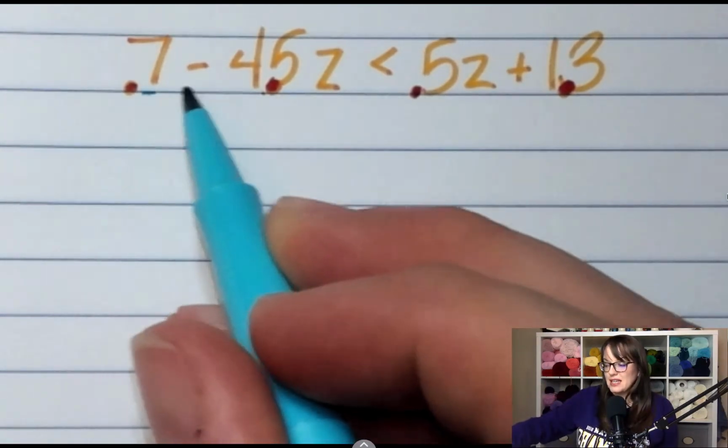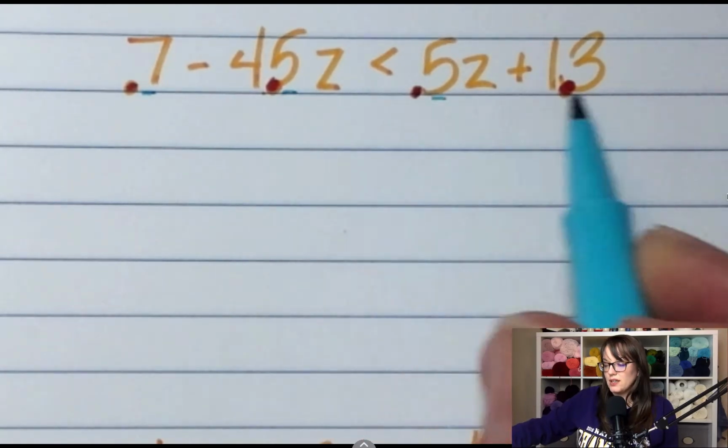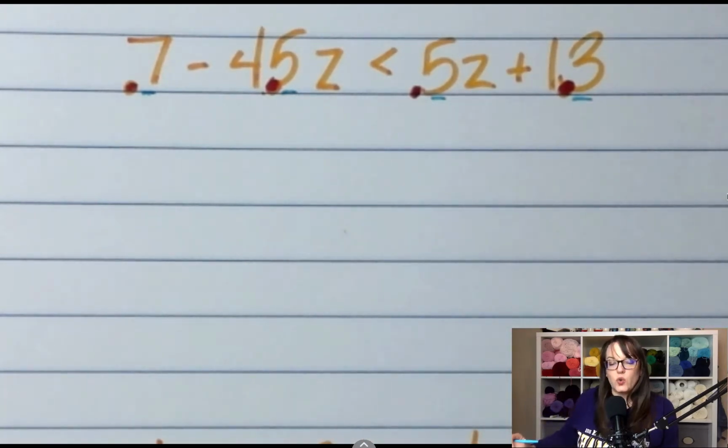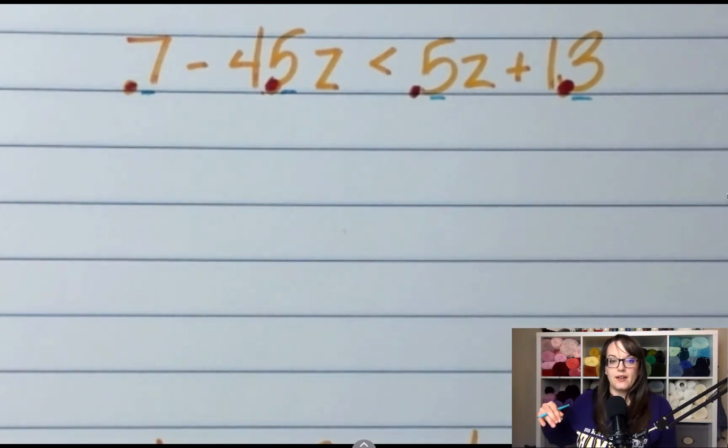So I see that each number only has one decimal place. So which of 10, 100, 1,000, or 10,000 could I multiply each of these numbers by that would make them whole numbers?